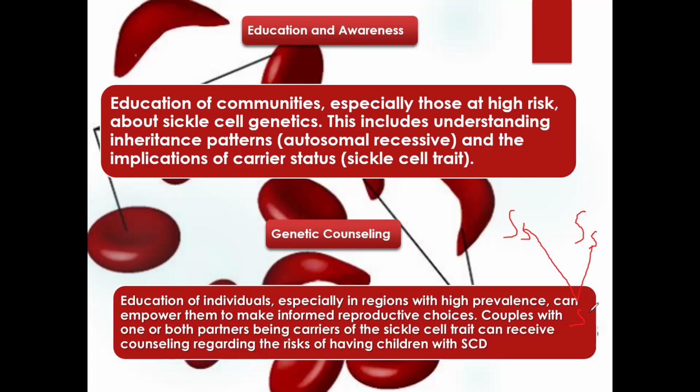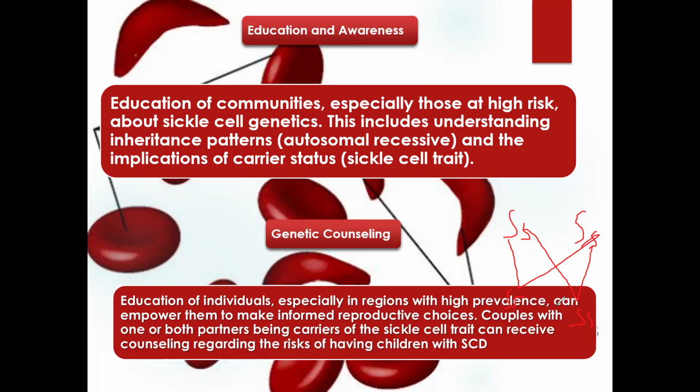Otherwise you will not have the sickle cell issue. If you inherited the good one from your father and the bad one from your mother, you can only become a carrier. You cannot have the full sickle cell disease.